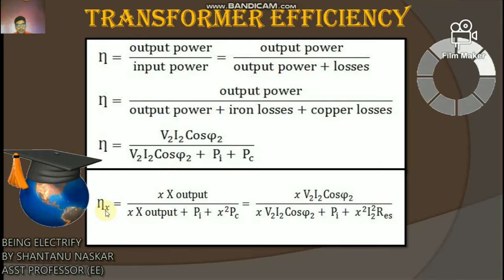Consider x as the fraction of the full load. The efficiency of the transformer regarding x is expressed by this equation: efficiency equals x times output divided by x times output plus Pi plus x squared Pc, which equals x V2 I2 cos phi 2 divided by x V2 I2 cos phi 2 plus Pi plus x squared I2 squared Res.